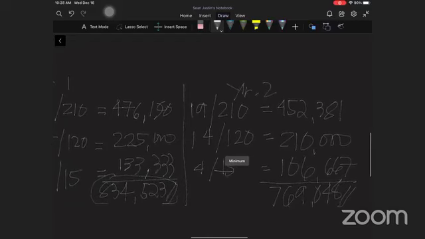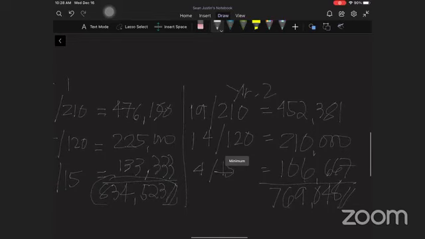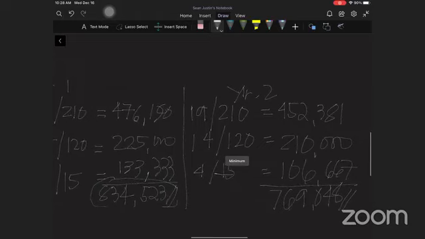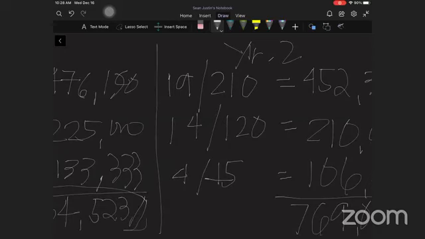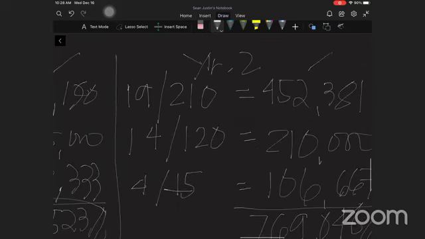Okay, the correct answer is 928,571. So add lang ni, di ba? Add lang ni 476,190 plus the 452,381.